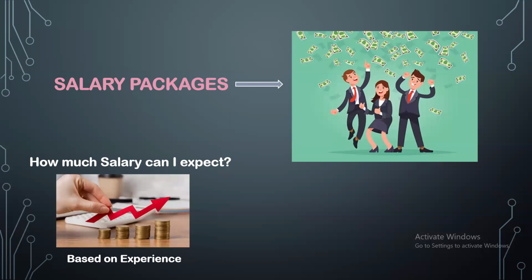When coming to salary packages, as of my knowledge, the average salary package for an automation engineer in India with 3 to 5 years of experience typically ranges from around 7 lakhs to 10 or 11 lakhs per annum. However, please note that these figures can vary based on factors such as the company size, location, industry, specific skills of the individual, and economic conditions.